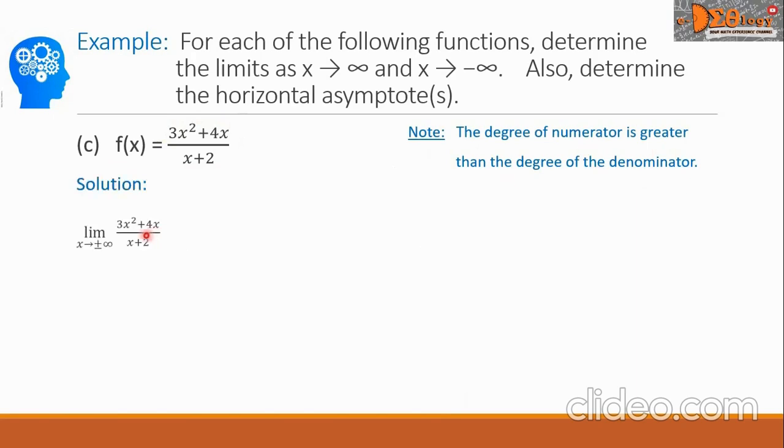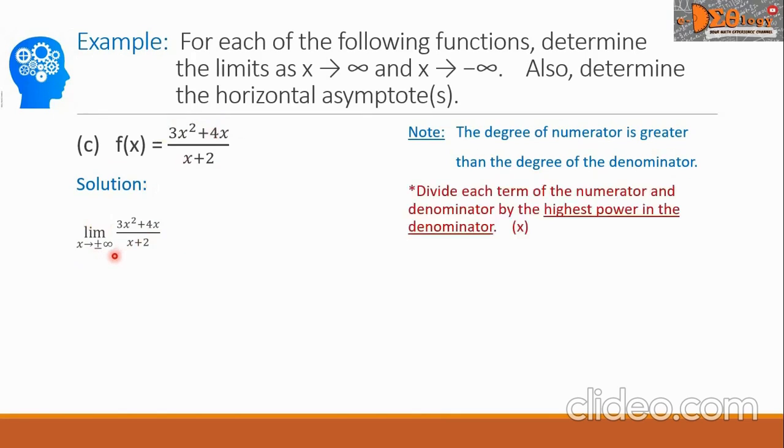For our solution, we're going to take the limit of this function as x approaches positive or negative infinity. We will divide each term of the numerator and denominator by the highest power in the denominator. In this case, the highest power is x. So this expression becomes like this.